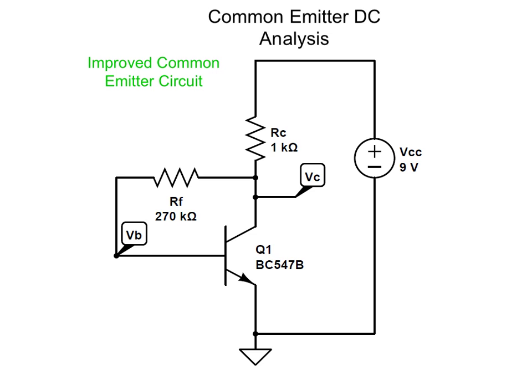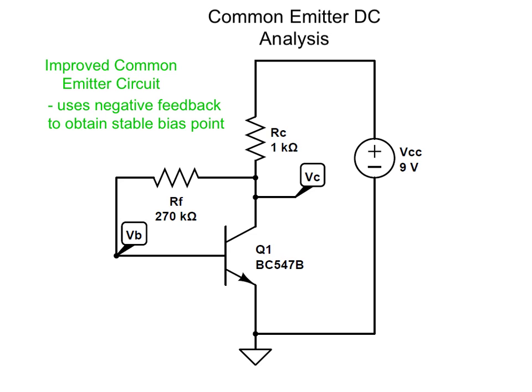The improved performance is obtained by employing negative feedback, or more specifically shunt voltage negative feedback. That is, a current proportional to the output voltage is fed back to the input.